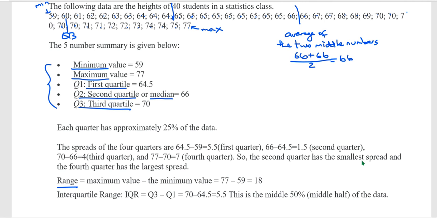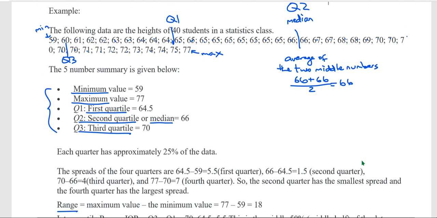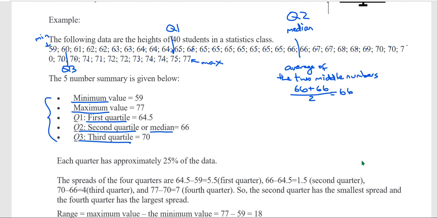But you can also find a range for the quartiles. In particular, there's the interquartile range, which is the range from Q1 to Q3. So Q1, let's calculate Q1 over here actually.